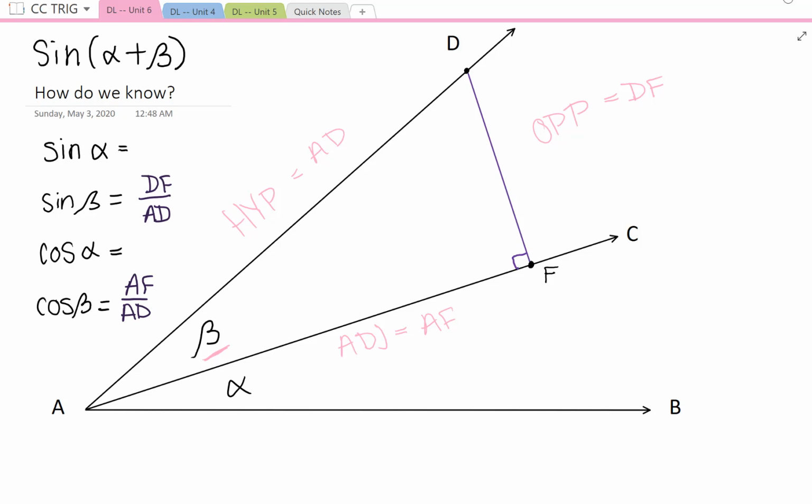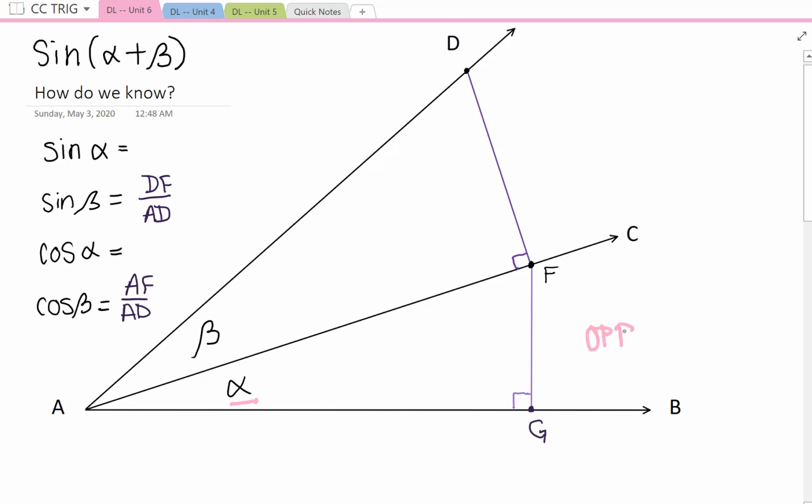Draw a line from point F that is perpendicular to the line AB. We're going to label the point at which it intersects AB as G. Now our focus angle is alpha, so label the sides according to this angle. The opposite side is here.